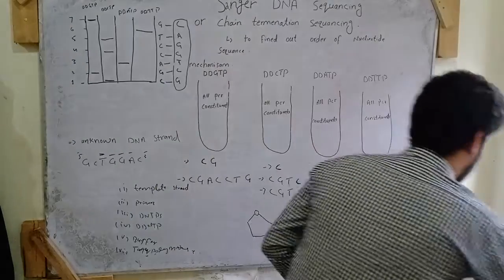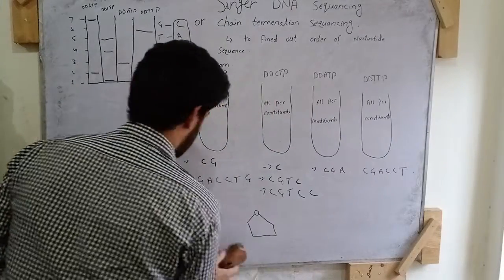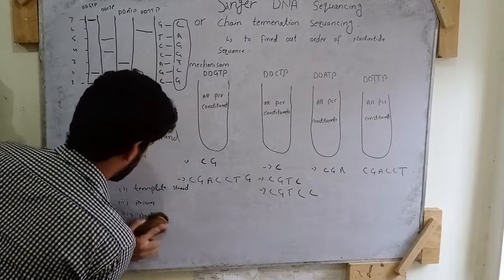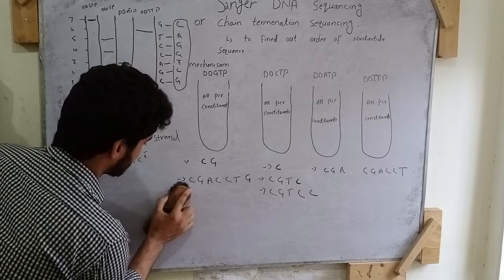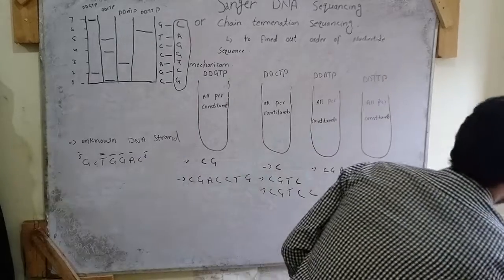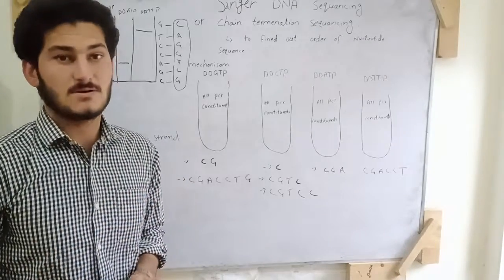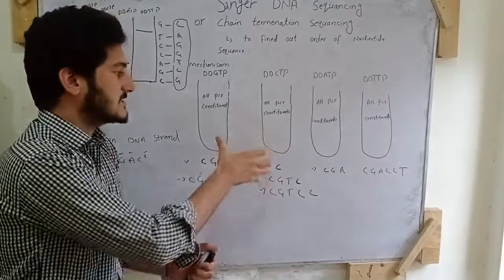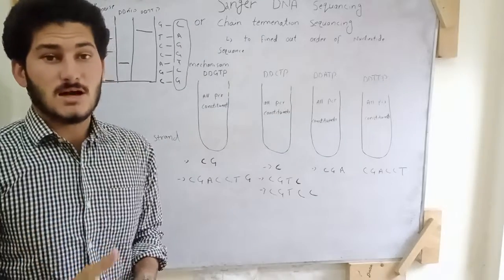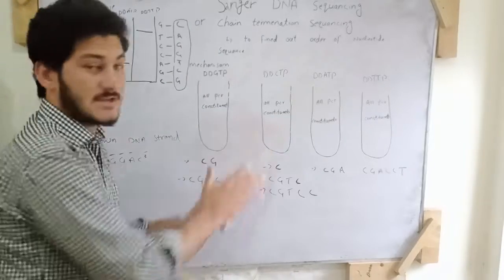Now let's start the mechanism of this process. In the mechanism, we take four different tubes, and in these tubes all the constituents of PCR are present.